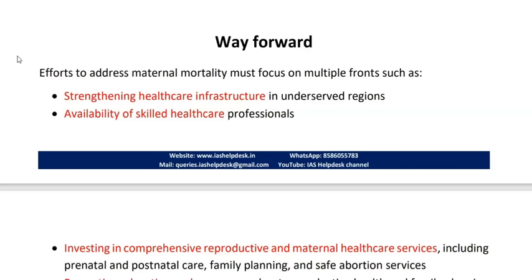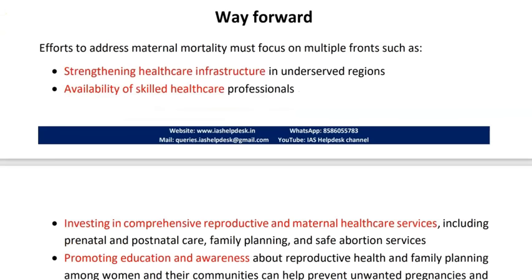So, what efforts can be taken to achieve better maternal mortality? Now, let's focus on some ways forward. The first would be strengthening the healthcare infrastructure, especially in states like Madhya Pradesh and Uttar Pradesh, where we saw the maternal mortality ratio, the number of deaths, is very high.